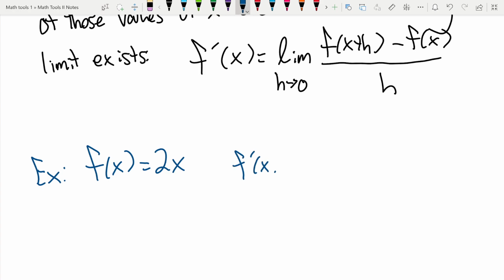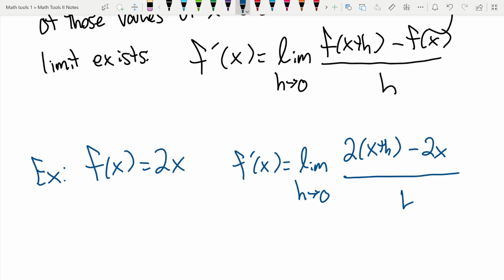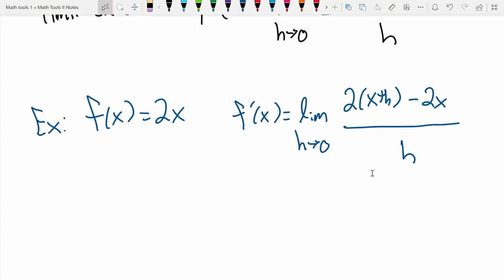So f prime of x is equal to the limit as h approaches 0 of f of x plus h. So this is going to be 2 times x plus h minus 2x over h. Okay, so just using the function composition here, putting in x plus h for x, and then f of x is just 2x. Again, if you do direct substitution of the limit, you're going to get 0 over 0, right? You'll get 2x minus 2x, which is 0 over 0.